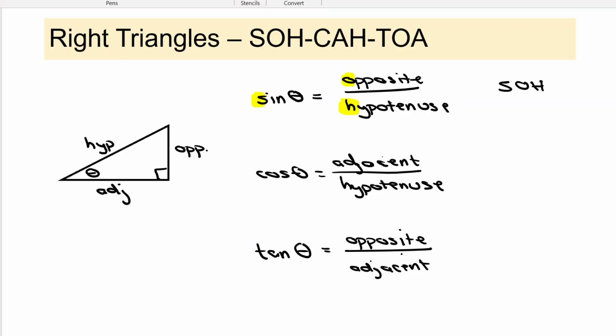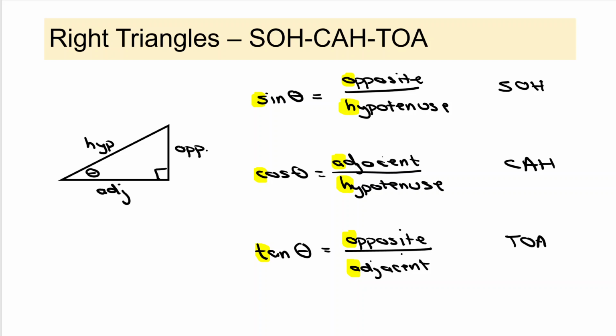Then for cosine, we have cosine is adjacent over hypotenuse. So that's your CAH. And then lastly, we have tangent is opposite over adjacent. So that's your TOA. SOH-CAH-TOA. So it's just a little mnemonic device to help you remember these ratios.